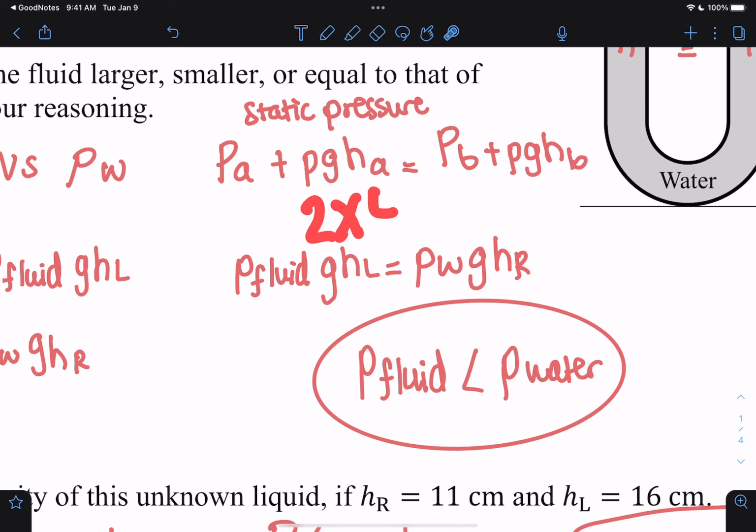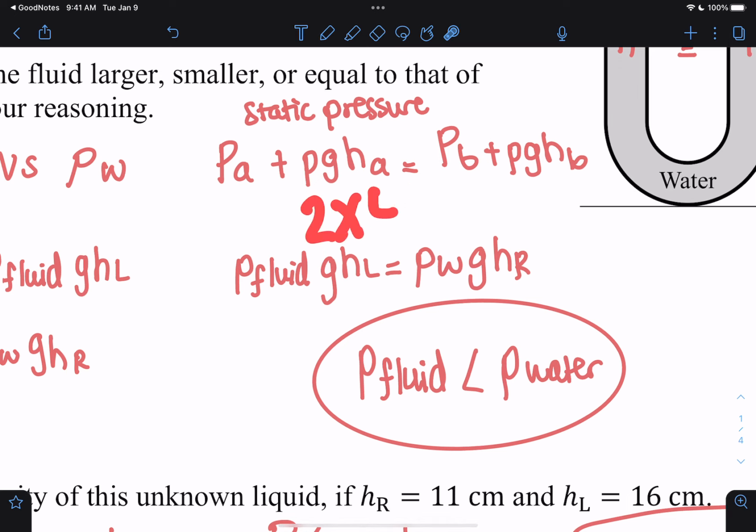We said that the density of the liquid was already less than the density of the water. So let's say that was 3 for the density of the liquid and 6 for the density of water. Now let's say the height was 4 and this was 2 for the height of the water.